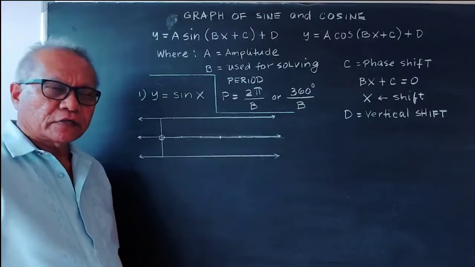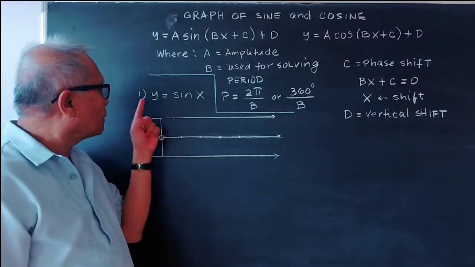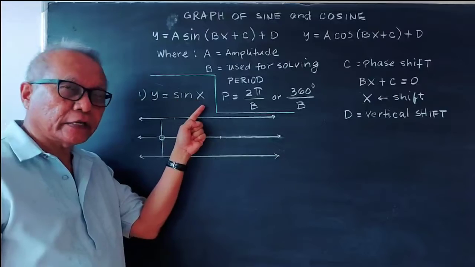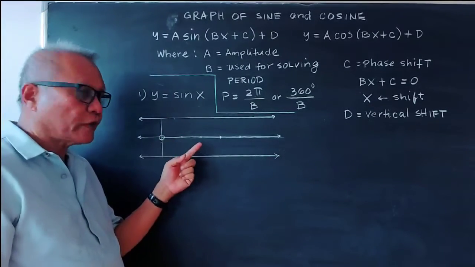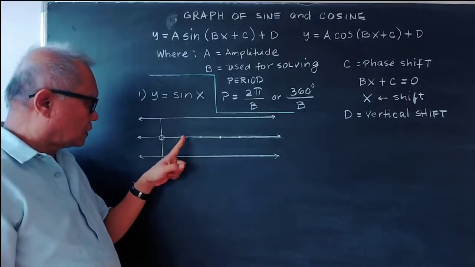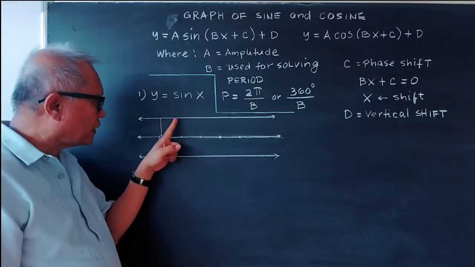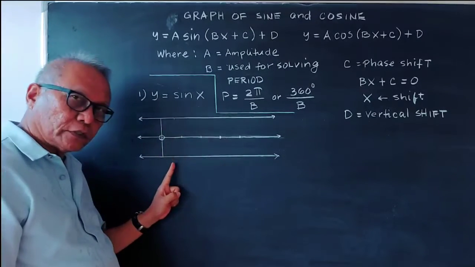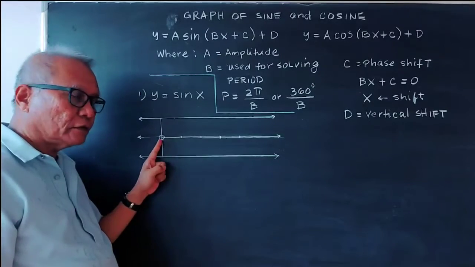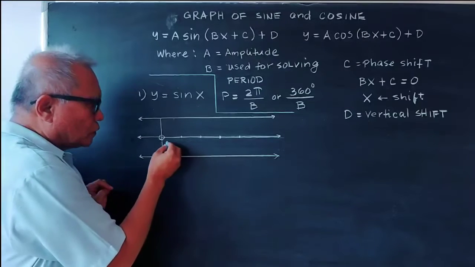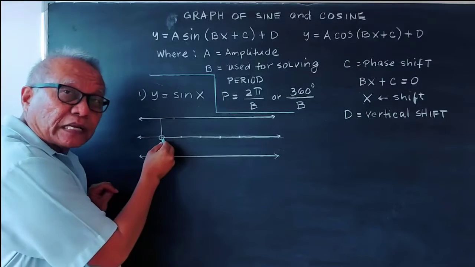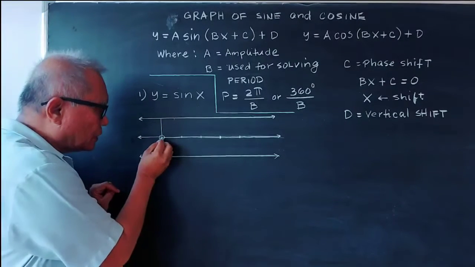Okay, let's have the basic graph. We have y equals sine x. Now, before we graph this one, of course, we have our principal axis, and we have the amplitude here. So it is 0, because it's simple. Now, divide the principal axis into 5.